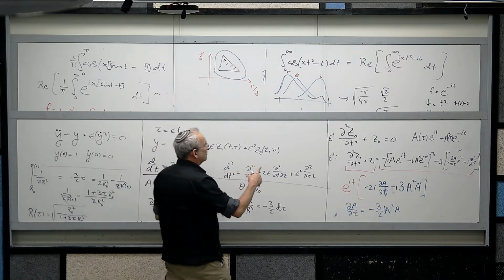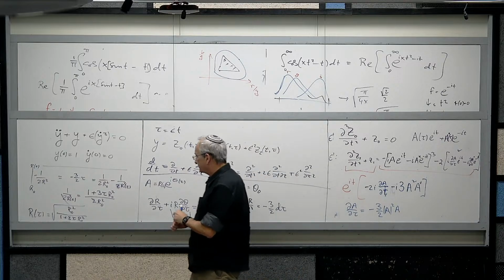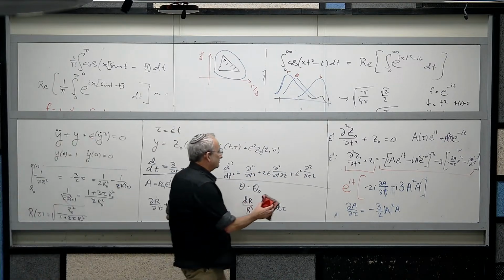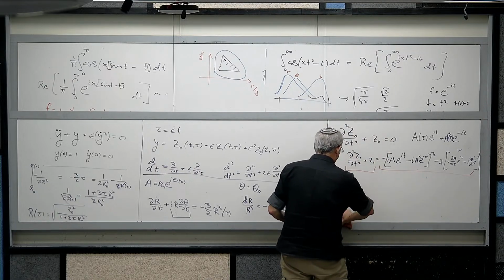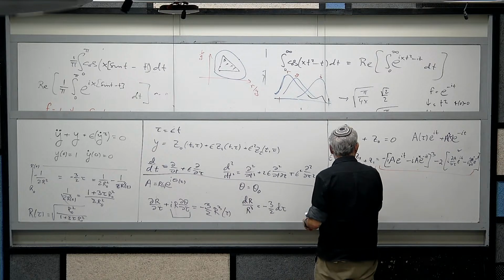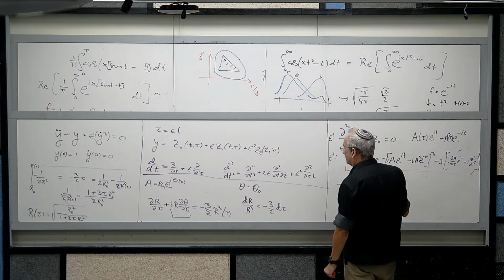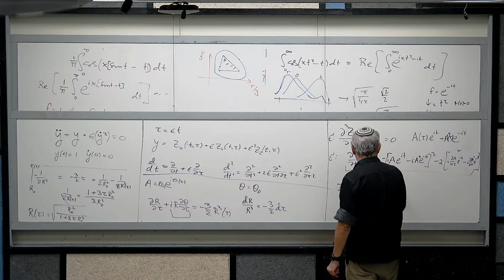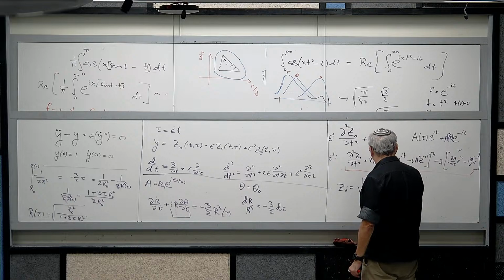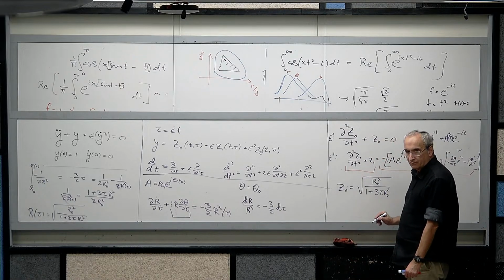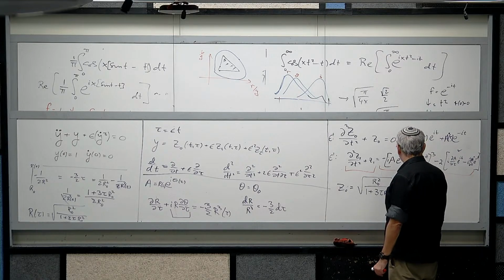So clearly now z naught, which is the first order, is the square root of r naught squared divided by 1 plus 3 tau r naught squared, times e to the i (t plus theta naught).